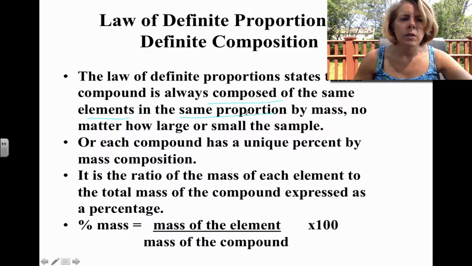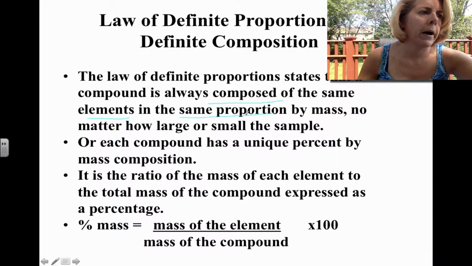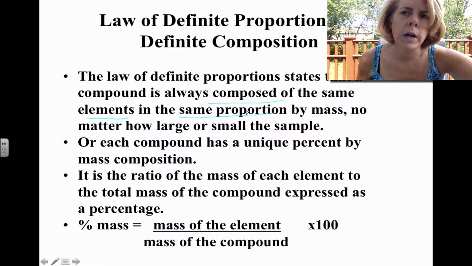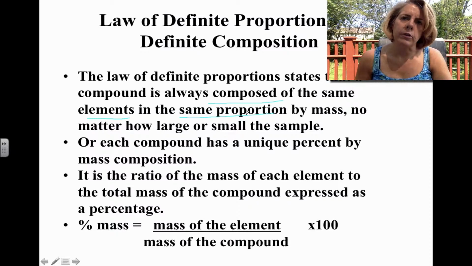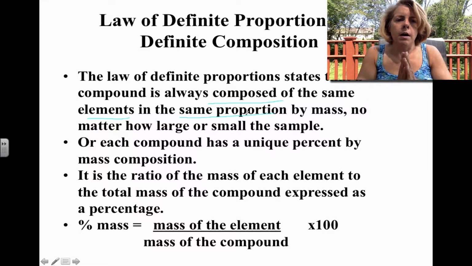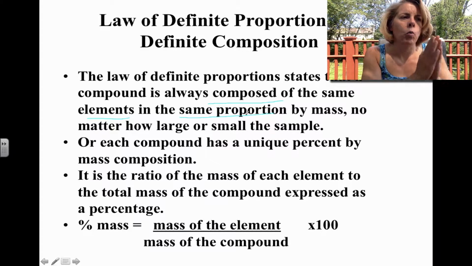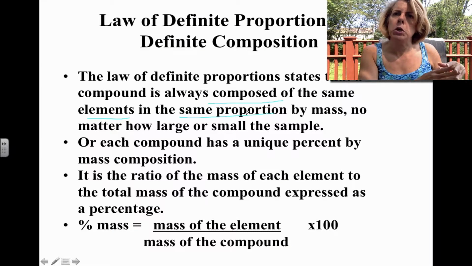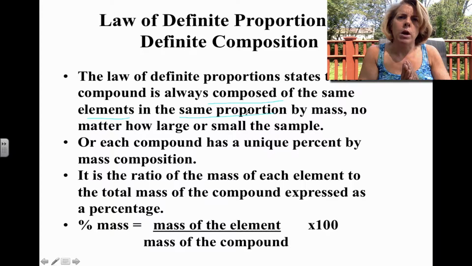So if I have a bottle of water, there's going to be 2 hydrogen for every oxygen, no matter how much water I have. So that means for water, it could be water here, it could be water in California, it could be water in Australia. Each sample of water has the same proportion of hydrogen to oxygen.